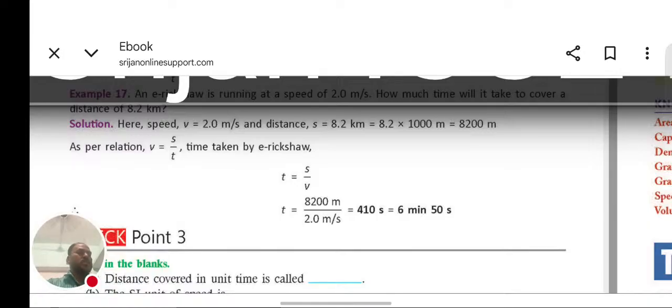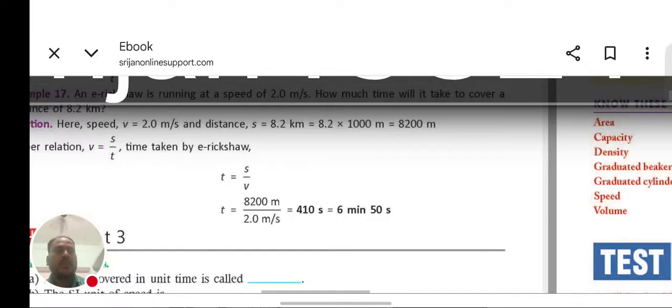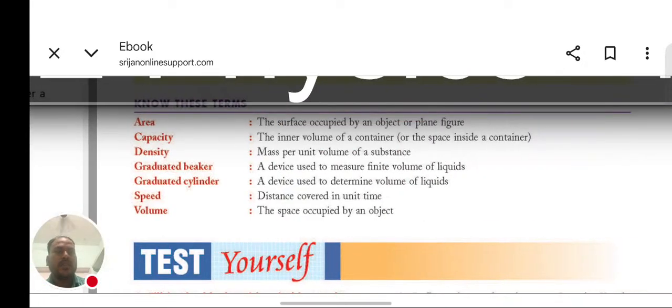Suppose question number first. What is question number first? Here it is given.